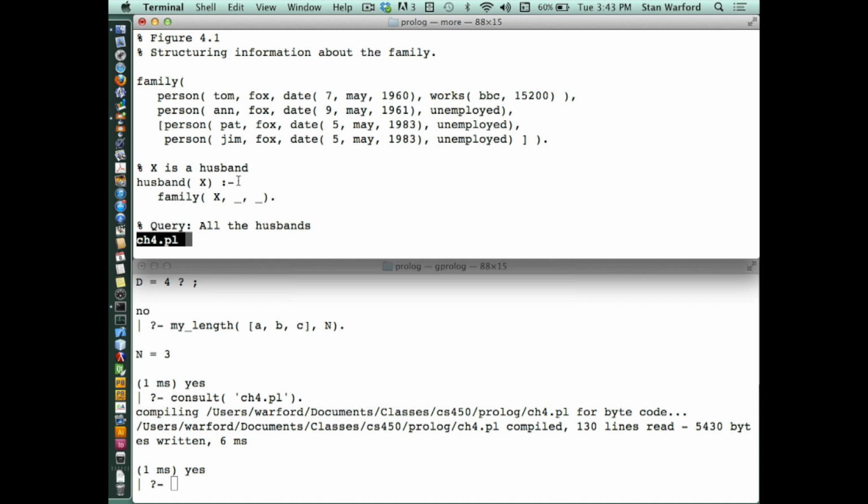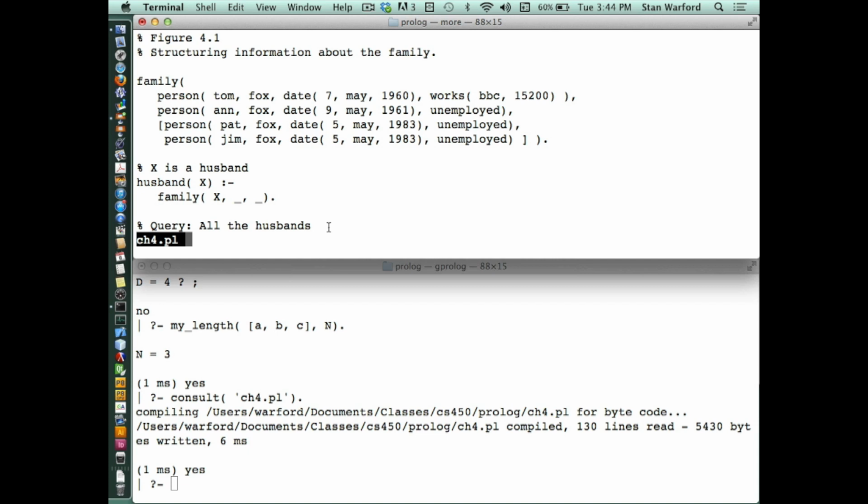So husband, do you see this rule? Husband X if family X, any wife, any number of children. Are you with me? So how would we query all the husbands?